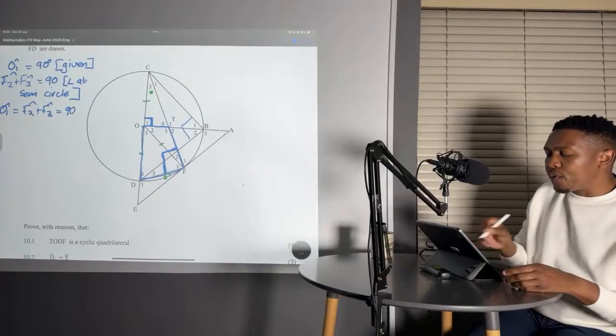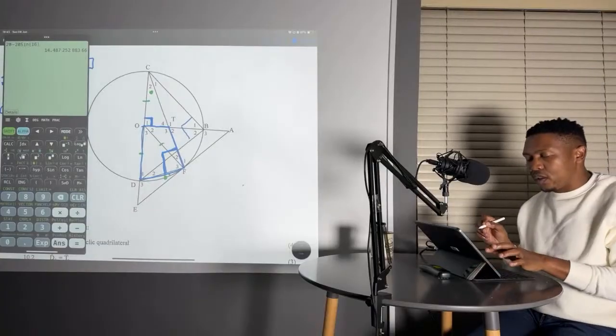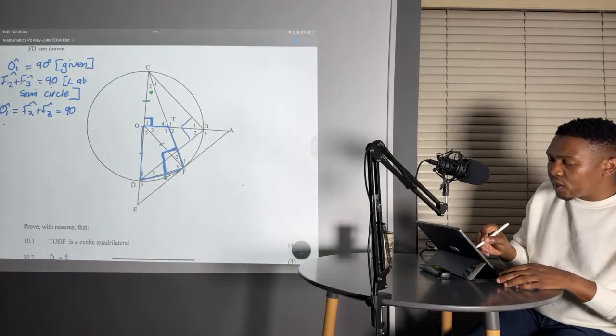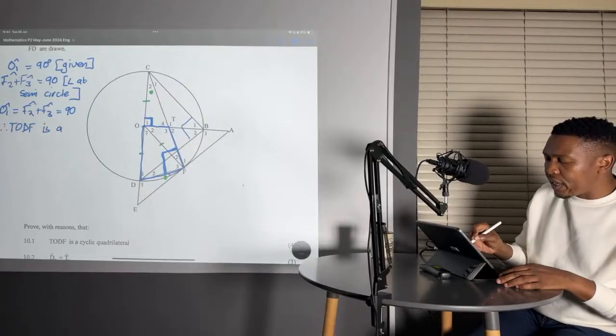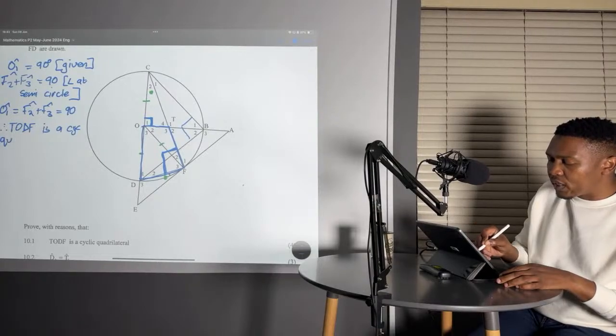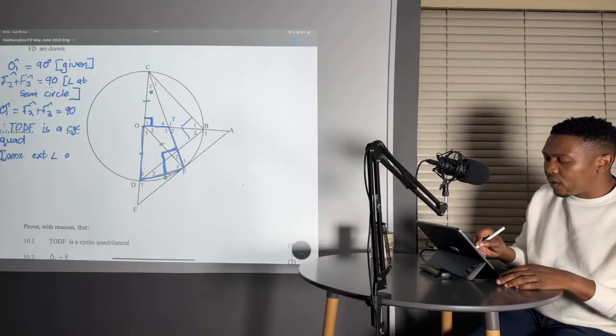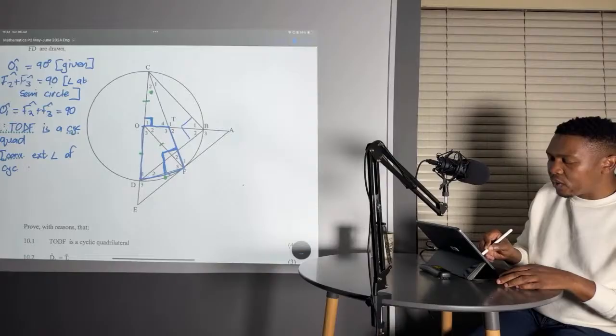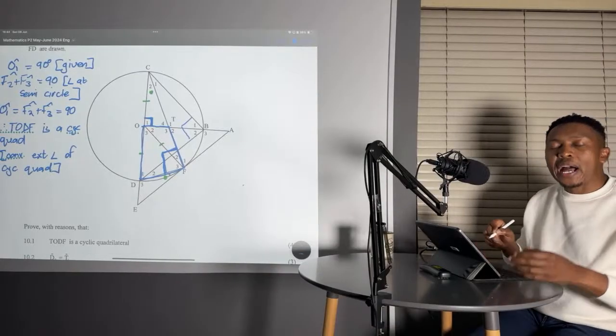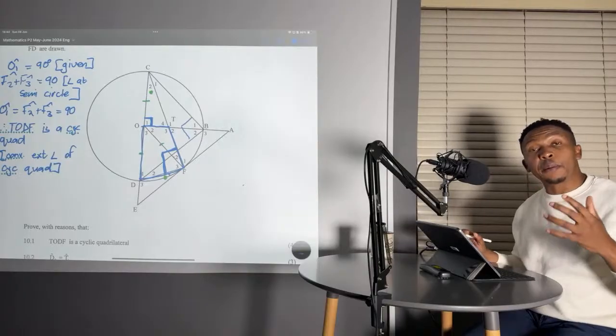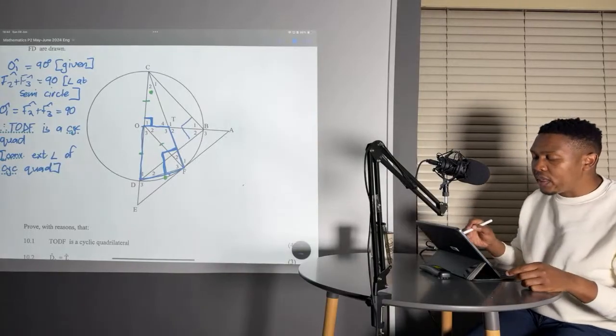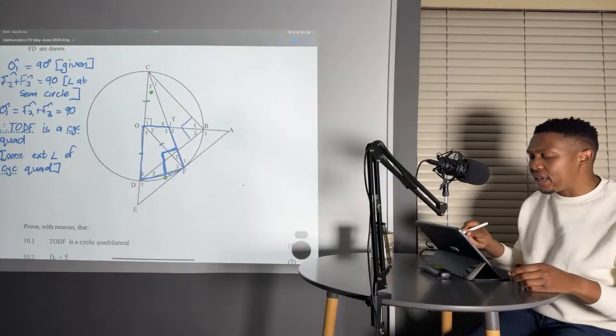In this case, both of them are equal to 90. Therefore, TODF is a cyclic quad. Why? Because in this case, the converse of the exterior angle of a cyclic quad. Note, we are applying that theorem in reverse. So in this case, we've identified that as a cyclic quad.